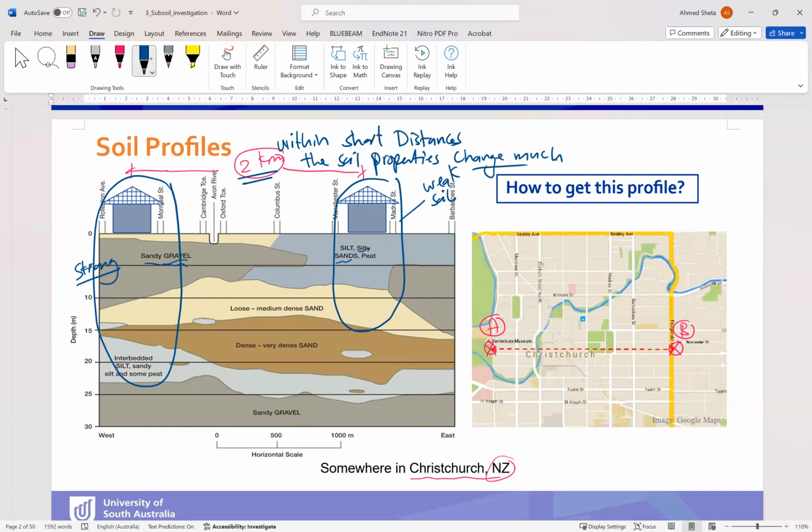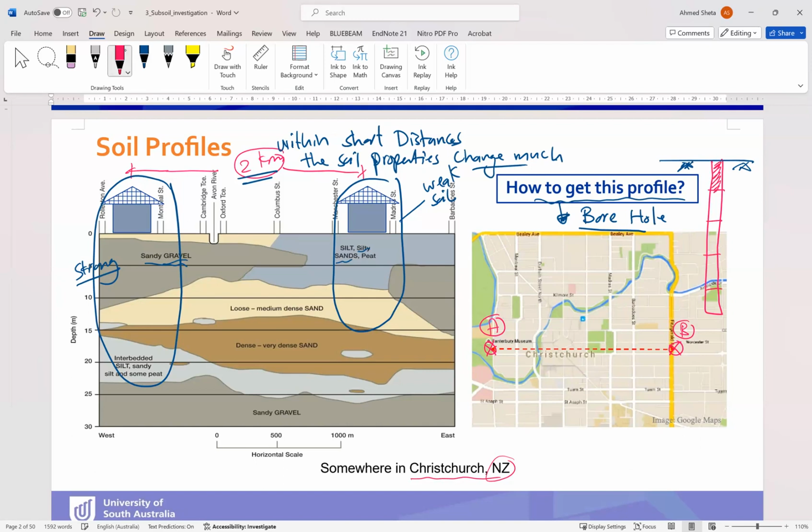Okay, how to get this profile? This is also one of the questions we will face. One of the methods you can use is a borehole. Like if this is our soil, we can have a depth like that, a borehole, with some method we will mention later. So this borehole will give us some idea about what the layers are.